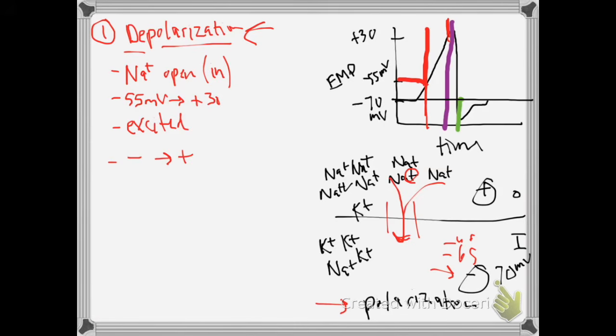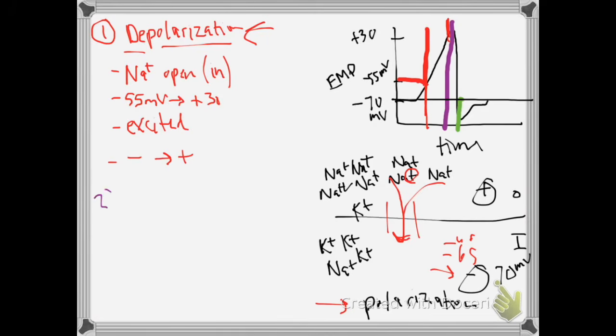So this root word re, this means again. So if you've ever had to take a test again, then you've retaken a test. If you retake a test, you take the test again. So repolarization means that we're polarizing again. Remember, polarization just means the separation of charges. So we're having a bigger separation or bigger difference in this electrical potential.